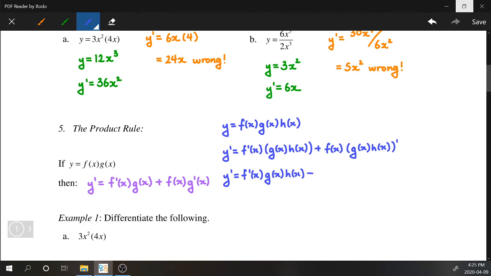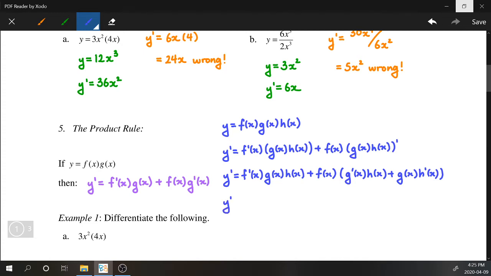So the derivative of g of x, h of x multiplied together would be g prime of x h of x plus g of x h prime of x. So again, applying the product rule, kind of nested within its own question. And then finally, you can multiply everything out.